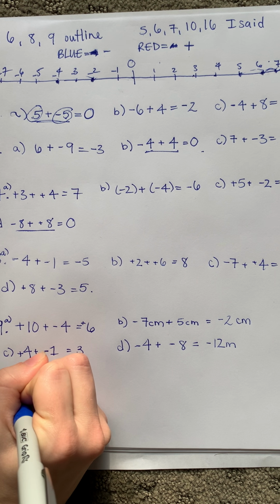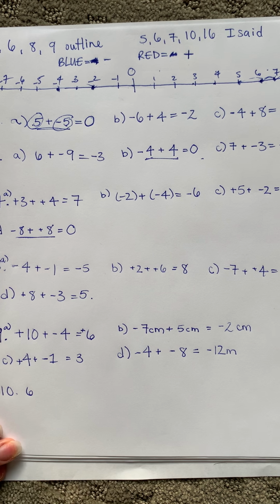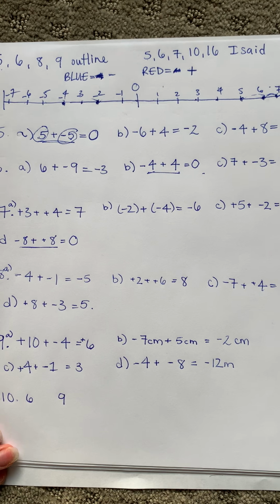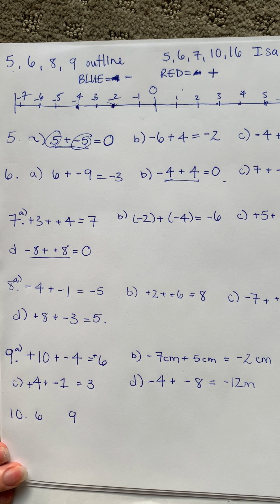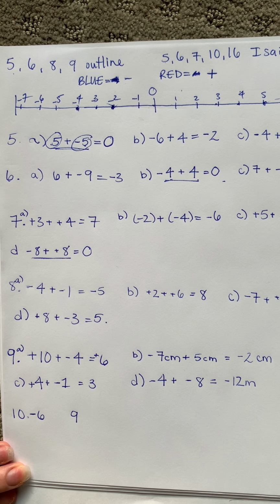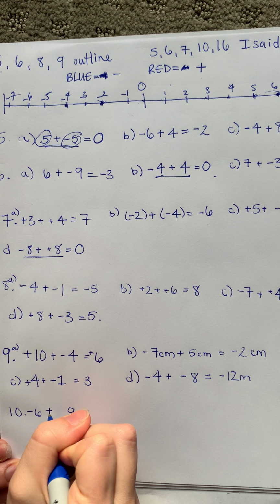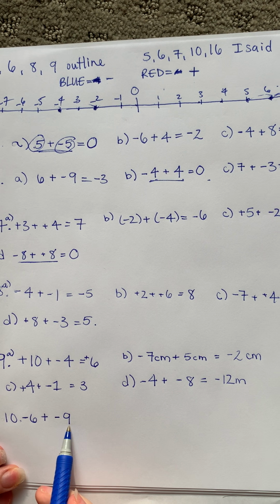Next is question 10. It says Miguel spent $6 on Saturday morning and another $9 on Saturday afternoon. How much less money did he have at the end of the day than at the beginning? So he spent, which means it's gone, which is a negative number, -$6, and then he spent -$9.